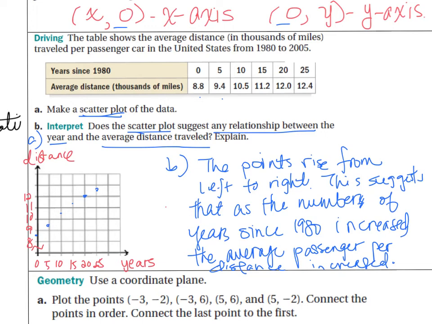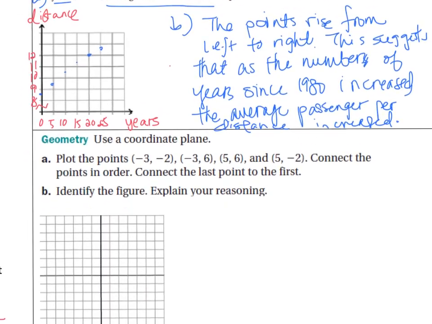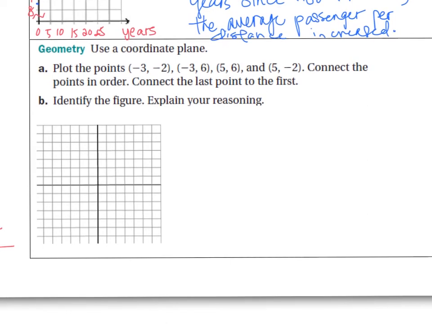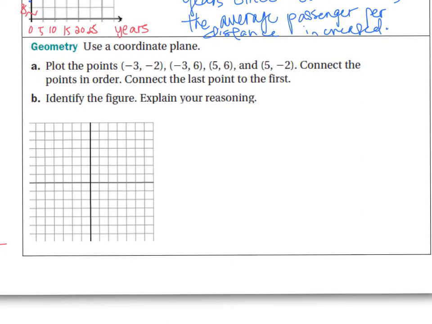Okay, let's move on to the next problem. Geometry. Use a coordinate plane. A. Plot the points. Connect the points in order and connect the last point to the first. Okay.